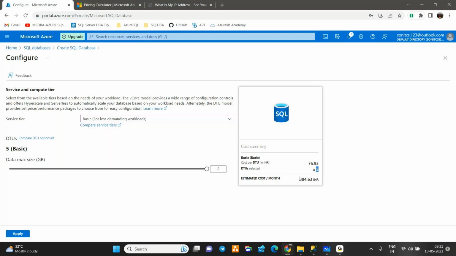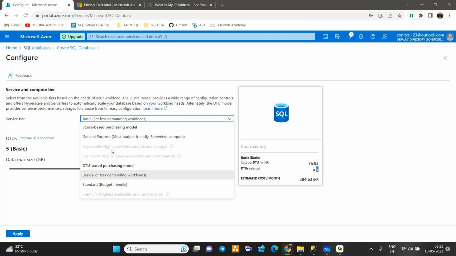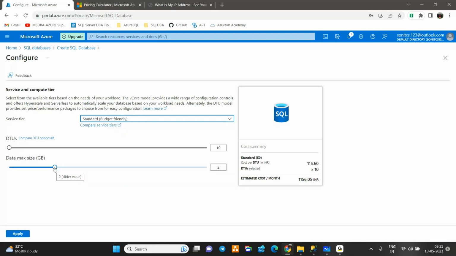If you go for Standard under the free trial, you can get up to 250 GB of database size and up to 20 DTUs. You can't go beyond that.